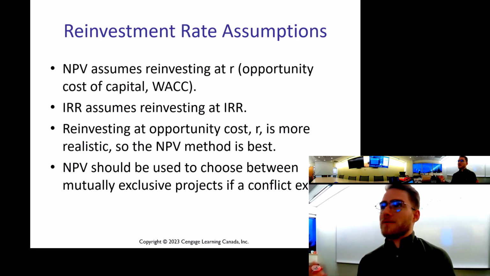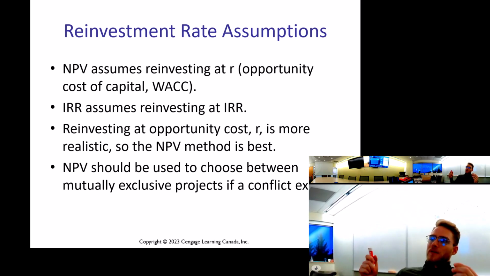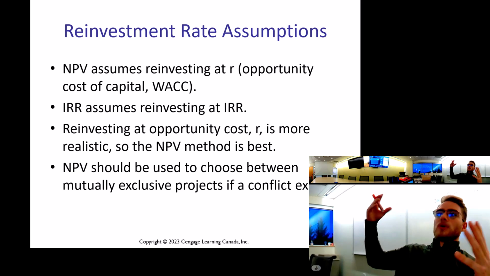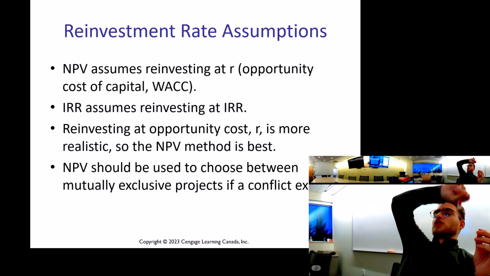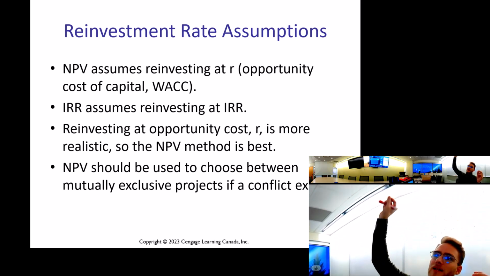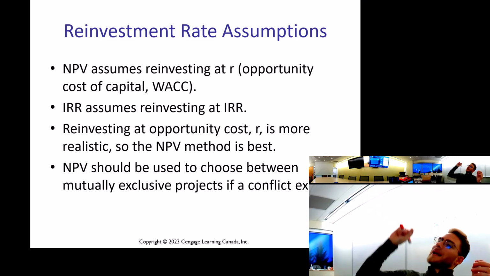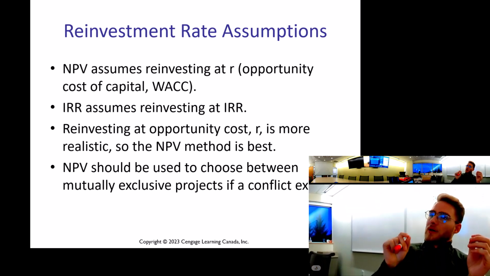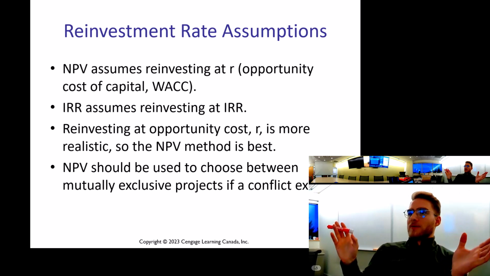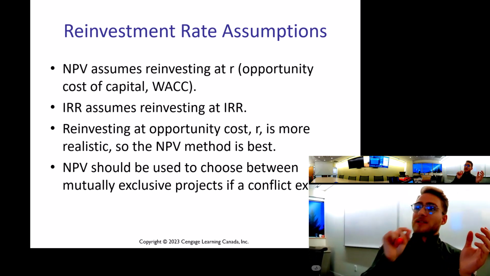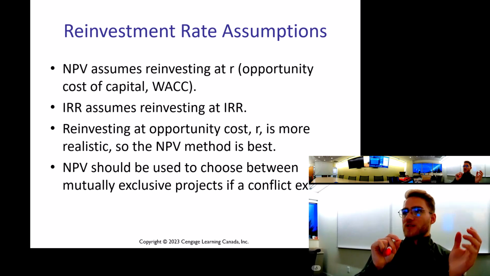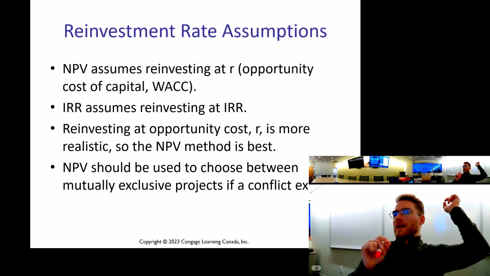It's called modified internal rate of return. It's like internal rate of return, but instead of assuming you're reinvesting at the rate of return of the project, you can tell the formula that regardless of what my rate of return is on this project, I'm still going to reinvest my future cash flows at, say, my weighted average cost of capital.